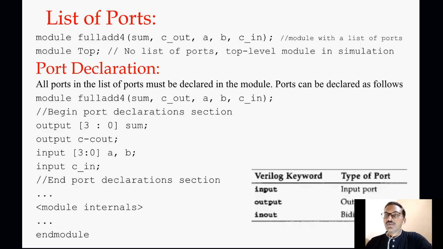Then output C_out, input [3:0] A, B, means both A and B are of 4-bit size, then input C_in. Likewise we can define the port list. After that we can declare the internal circuits of the module, and then endmodule.